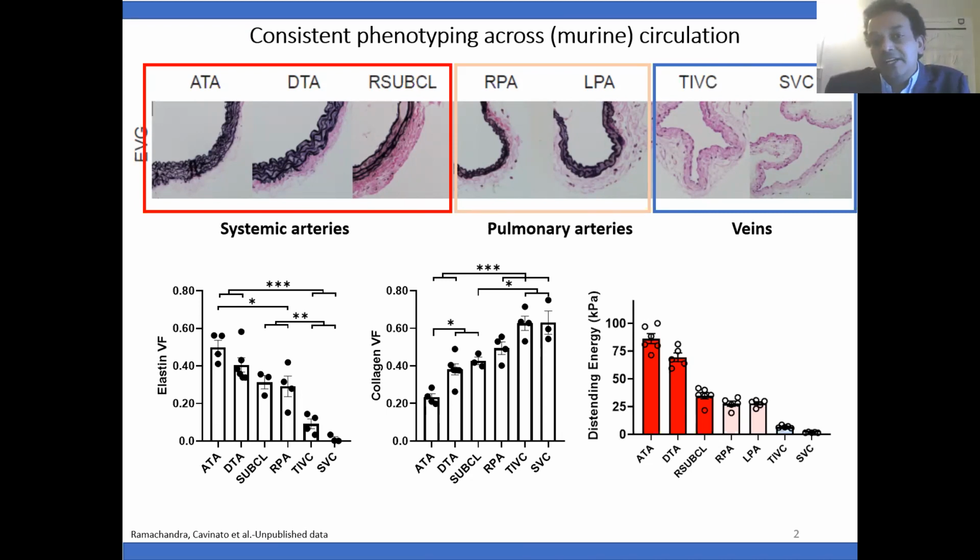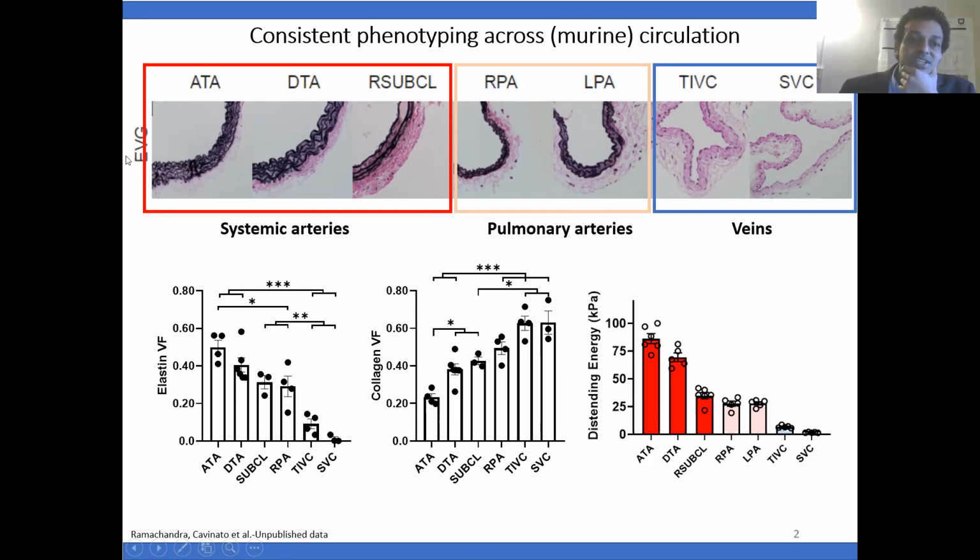In addition to building computational models, I've also developed a skill set where I can do experiments and quantify structure, function, and mechanics in the vasculature. What you're seeing on this first slide is what we call a histology section of various blood vessels within the circulation, from the murine circulation, so these are mouse blood vessels.